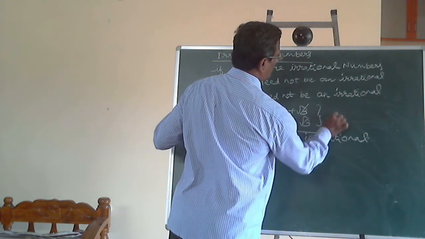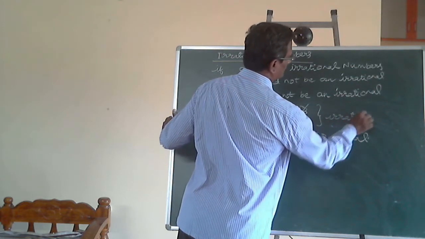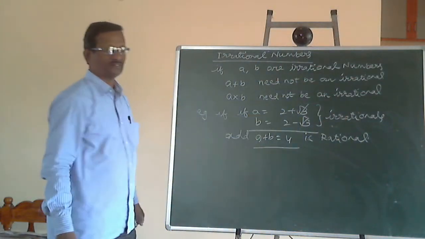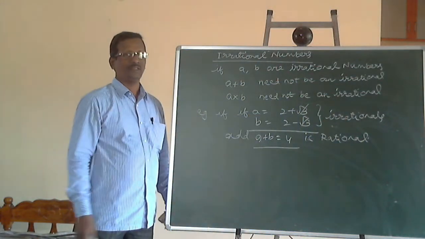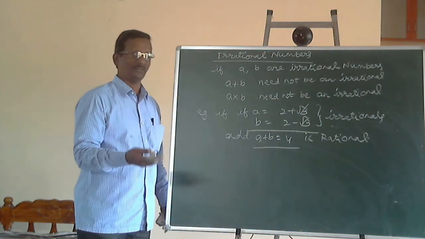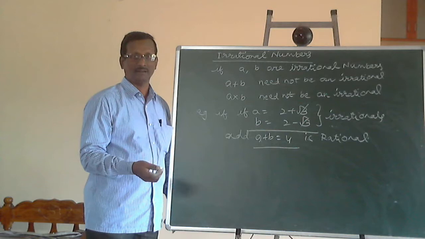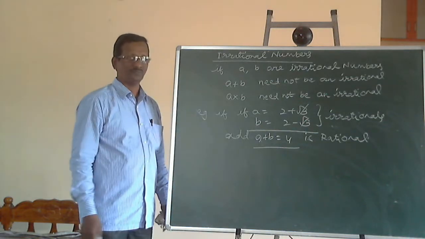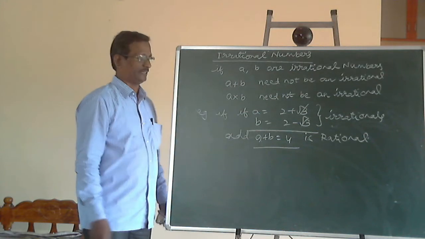These two are irrationals. The sum of two irrational numbers is irrational. Means when we add two irrationals, sometimes the sum may be irrational, sometimes the sum is rational, depends upon the numbers we have selected.